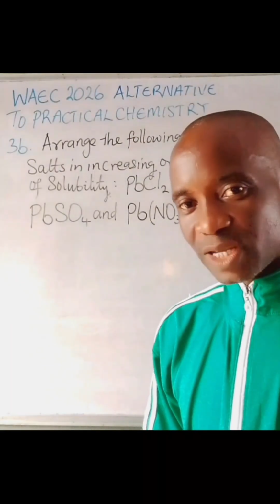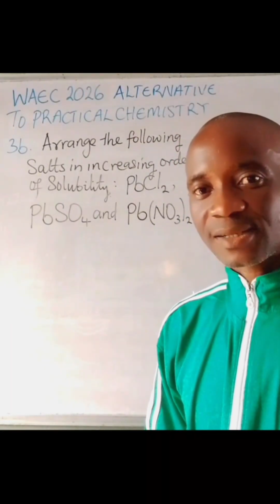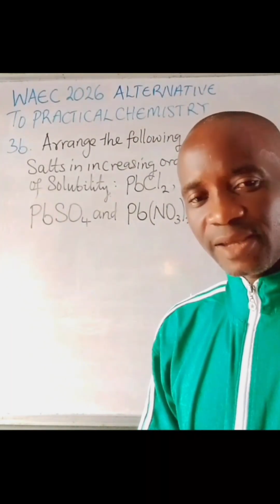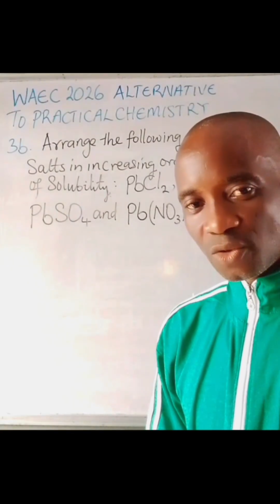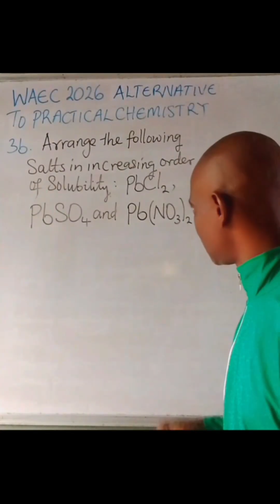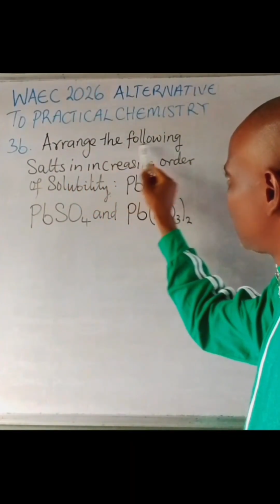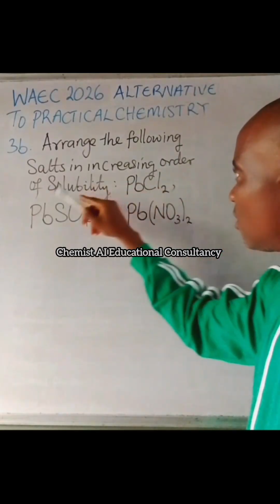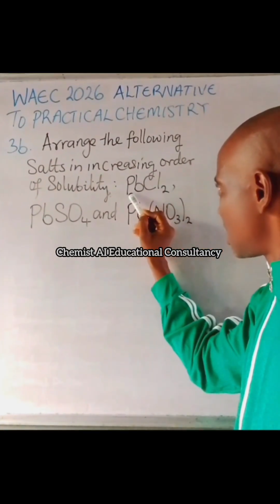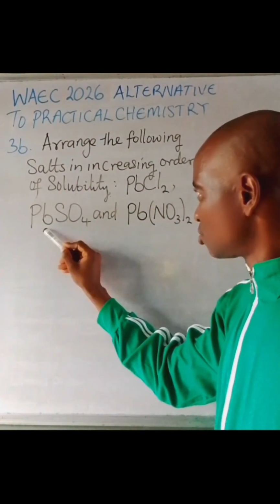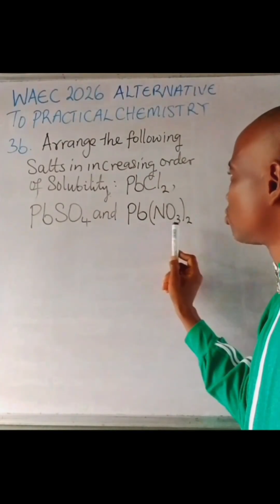This year's WAEC 2026 Alternative to Practical number 3B tests the ability to understand solubility rules, specifically the solubility rules for chlorides, sulfates, and nitrates. So the question says, arrange the following salts in increasing order of solubility, and the salts are lead 2 chloride, lead 2 sulfate, and lead 2 nitrate.